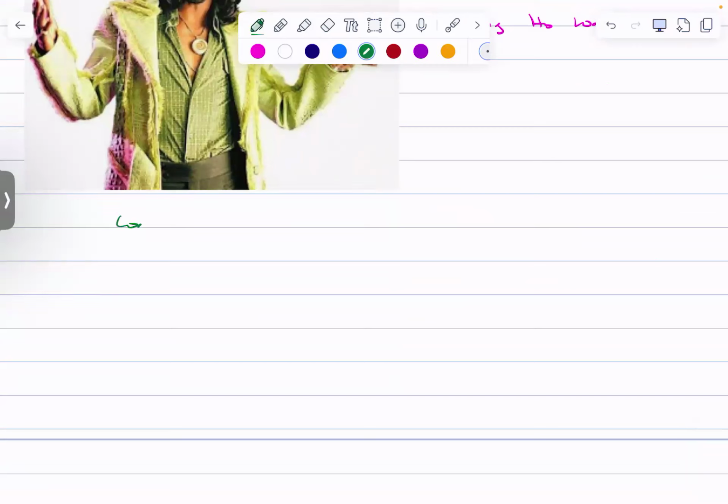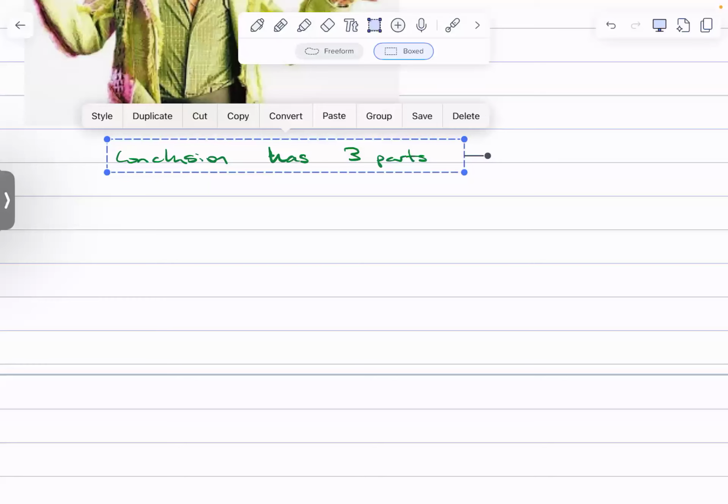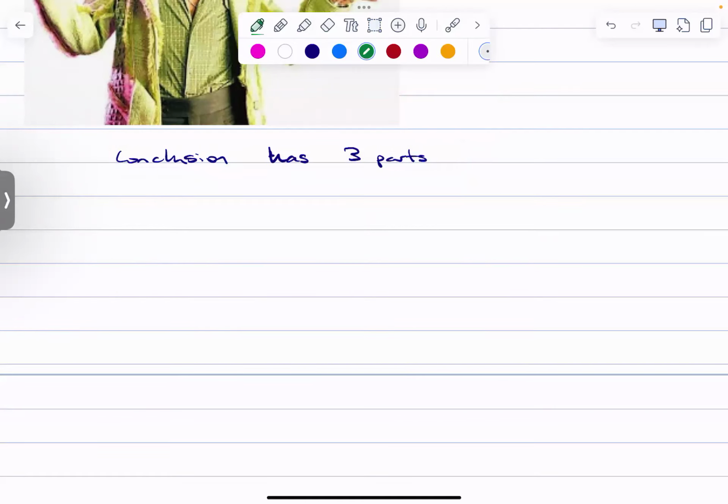Our conclusion has 3 parts. Part 1: compare the p-value to the alpha level.